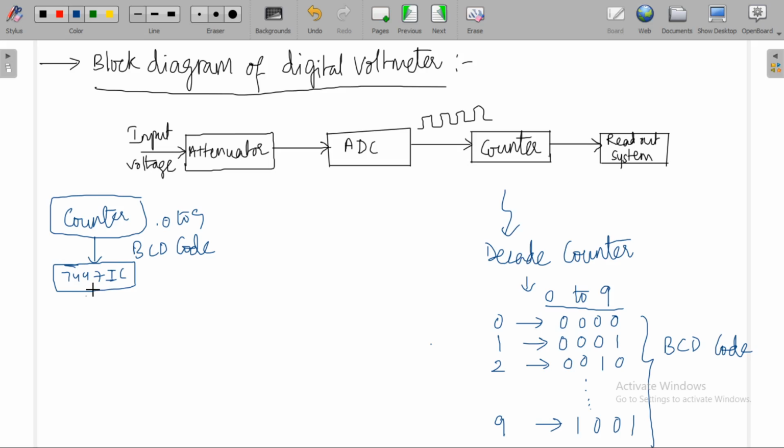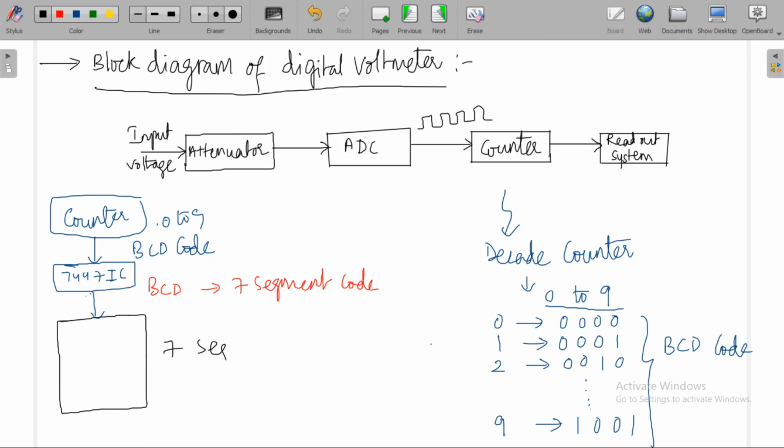This 7447 IC will convert BCD code into 7 segment code. That 7 segment code is given to 7 segment display.